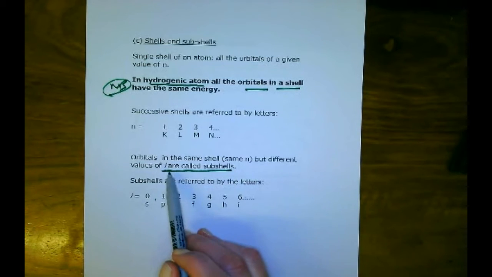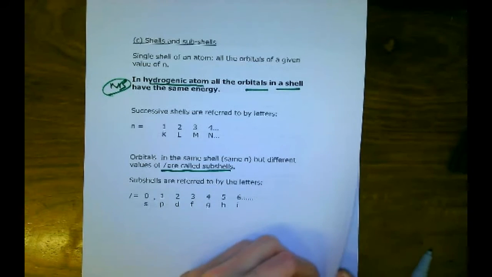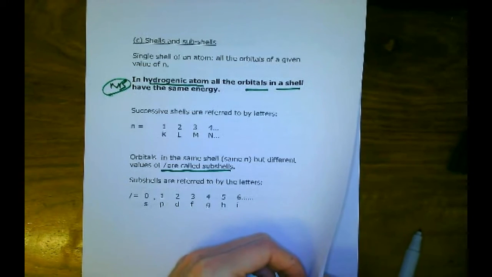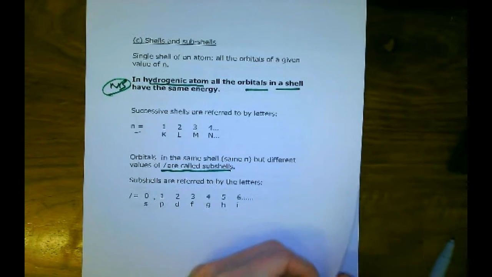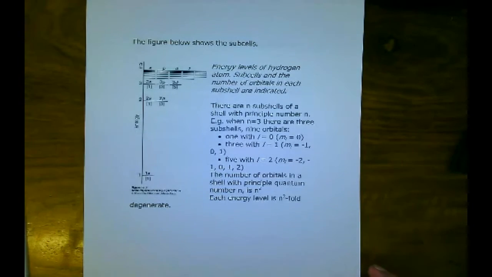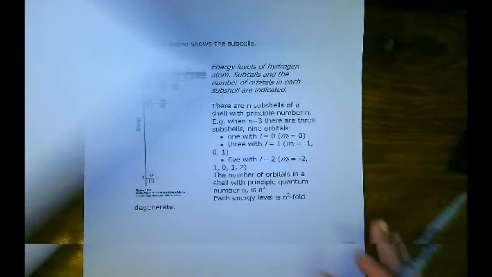Subshells have different values of l. If l is 0, we talk about an s orbital, l is 1, p, l is 2, d. You know this from first year. So n determines the shells, l determines the subshells or orbitals. For a hydrogenic atom, they all have the same energy as long as n is the same.